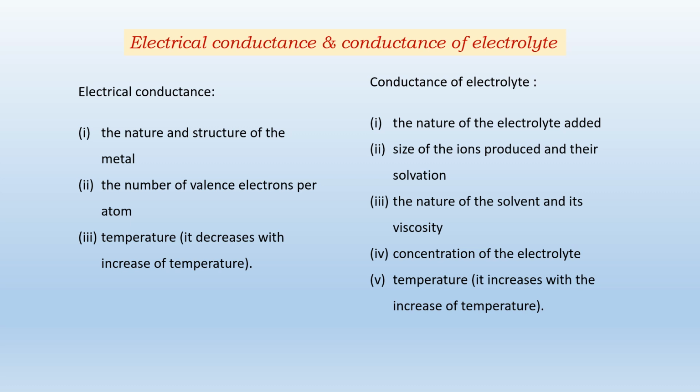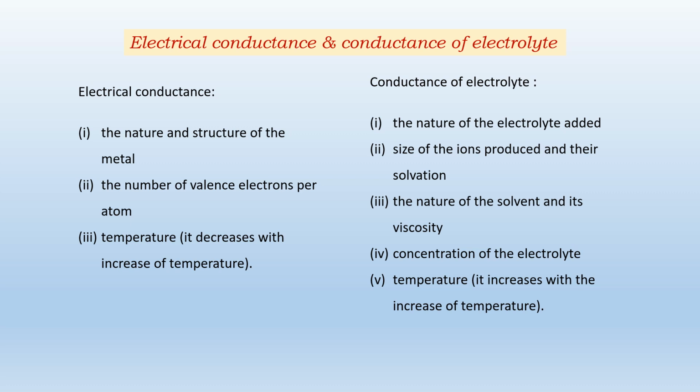Alkali metals have a +1 oxidation state, that is lithium plus, sodium plus, potassium plus, but the sizes vary from top to bottom. If the sizes vary, the solvation will also vary, and hence there will be different conductance for the different ions.